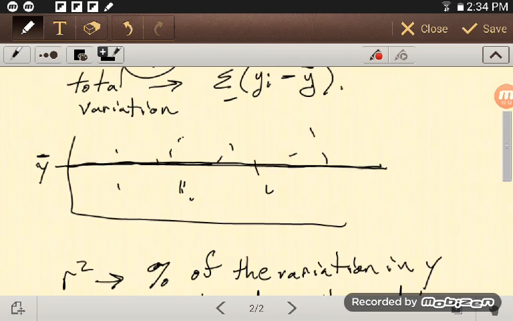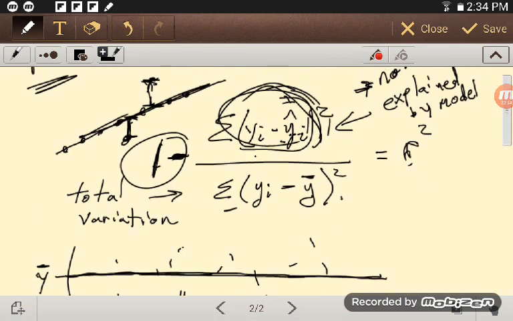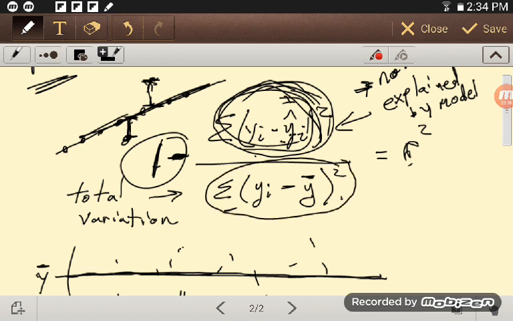All you're doing with r squared is taking the deviations from the model, squared of course, and dividing those by the overall deviations from the mean of the y values, and that gives us a percentage not explained by the model.